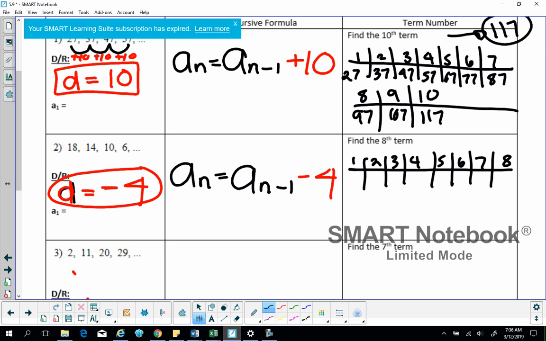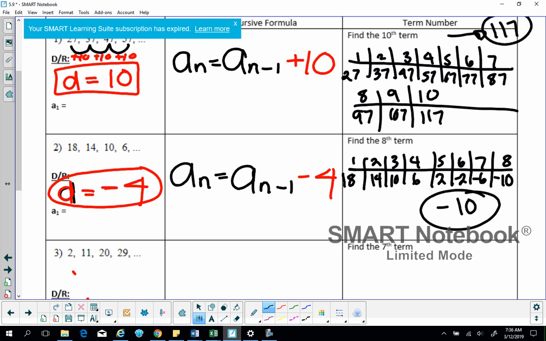So right here, what's the first term? 18. Next one. Next one. Next one. Then what is it? 2. Negative 2. Negative 6. Beautiful. So my 8th term would be negative 10. Does that make sense?